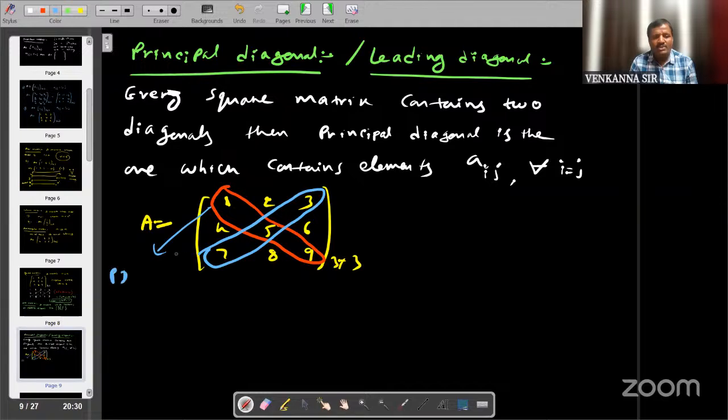Another name of the principal diagonal is the leading diagonal. The second diagonal is called the off diagonal. So all of you are aware of the principal diagonal definition, leading diagonal. Coming to one important definition here, trace. What is the definition of trace?